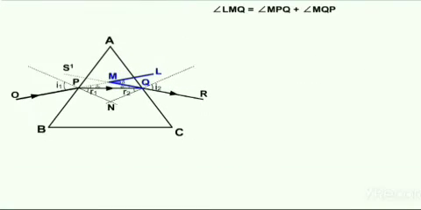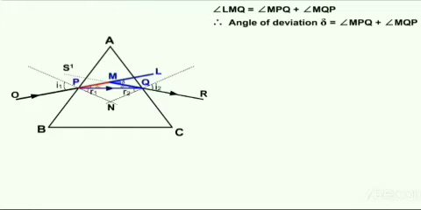In figure, angle LMQ is equal to angle MPQ plus angle MQP. Therefore, angle of deviation delta is equal to angle MPQ plus angle MQP, which is delta 1 plus delta 2. Let this be equation first.